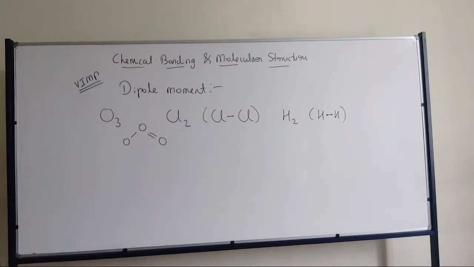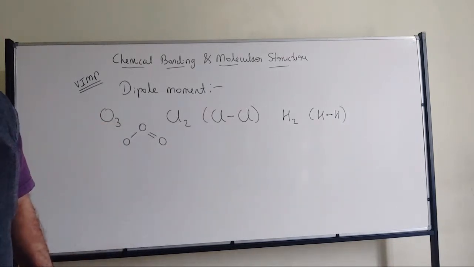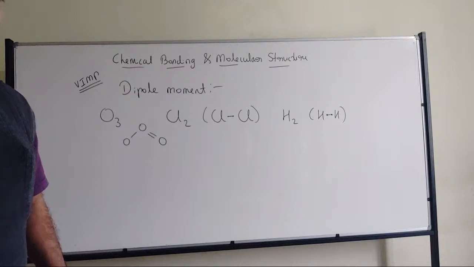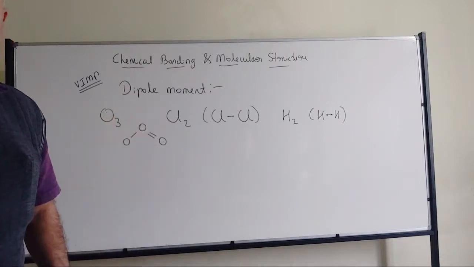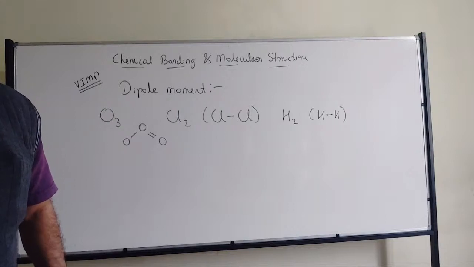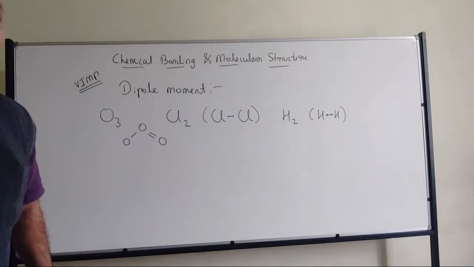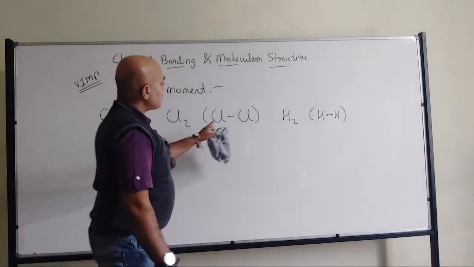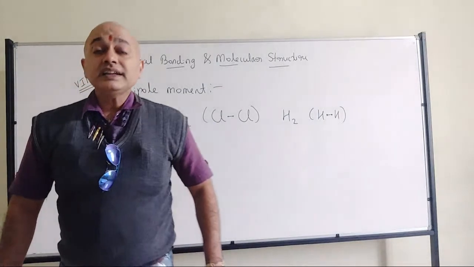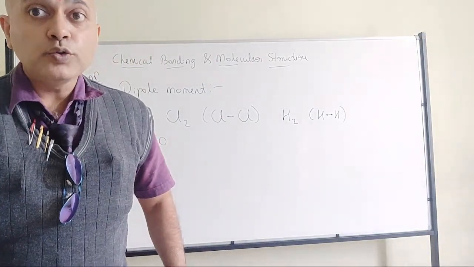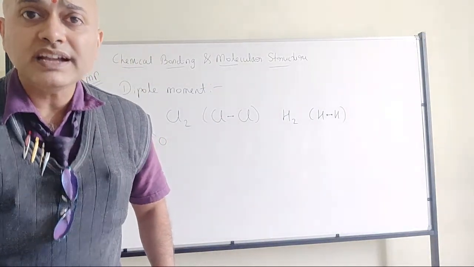Only thing here is, in case of ozone, there will be a coordinate covalent bond. But anyway, we are not going to discuss that one. We have already discussed it, but for the time being, focus on the fact that there will be sharing of electrons by the elements. Therefore, it is a covalent bond. All of you have understood? When I am talking about chlorine, both are electronegative, but no one is going to dominate over the other.